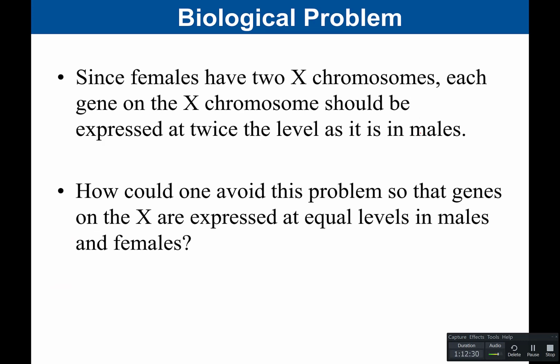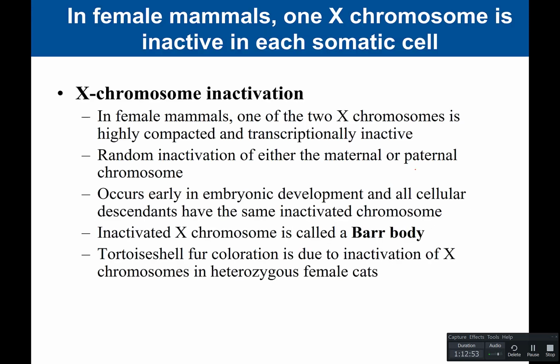Now, there's a biological problem. Females have 2 X chromosomes, and each gene on the X chromosome should be expressed at twice the level as it is in males. Because if you think about it, if she has 2 X's, each of those genes is expressed twice as much as it is in a male. And so how could one avoid this problem so that genes on the X are expressed at equal levels in males and females?